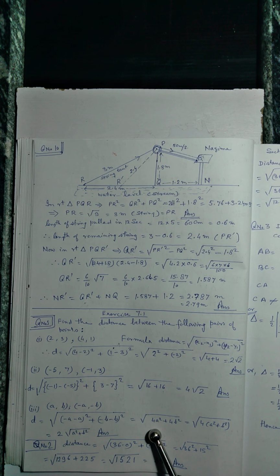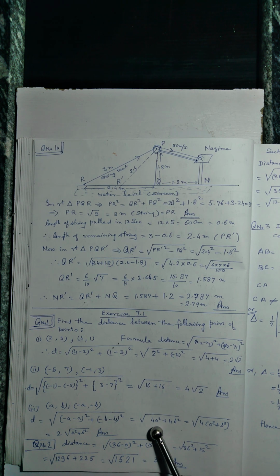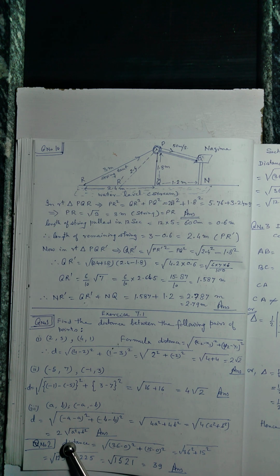After squaring it, you will get 4A square plus 4B square. Take out 4 common, and 2 comes outside of the square root, and in the square root you will get A square plus B square. So the answer will be 2 root of A square plus B square.